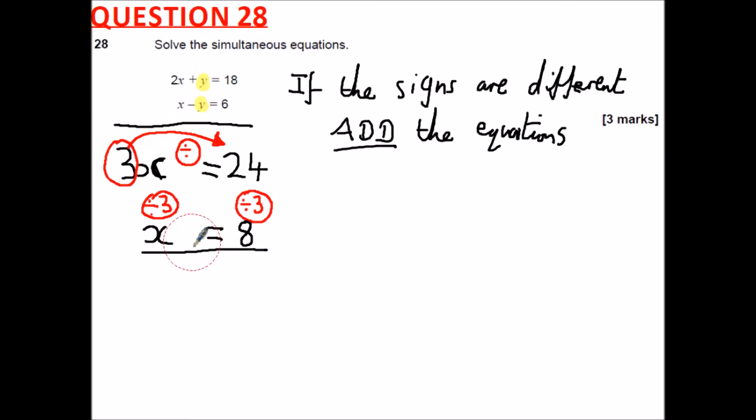So knowing that x is 8, what we now do is we need to put x equals 8 into one of the initial equations. The top or bottom, it doesn't matter. But let's say we put this into the bottom equation.